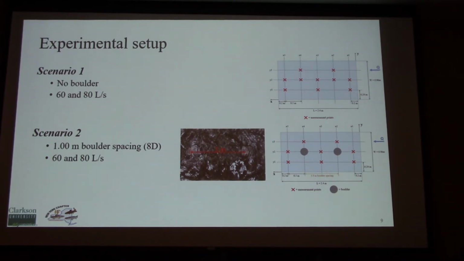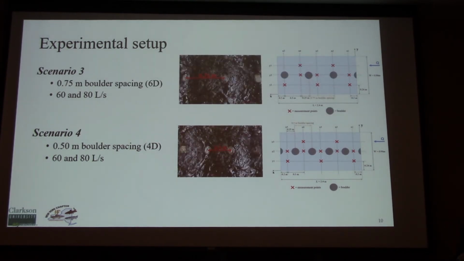Actually, this 1 meter spacing was equivalent to 8 times a boulder diameter, or 8D. In scenario 3, we decreased the boulder spacing to 0.75 meters, equal to 6D, and in scenario 4, the spacing was 0.5 meters, equivalent to 4D.